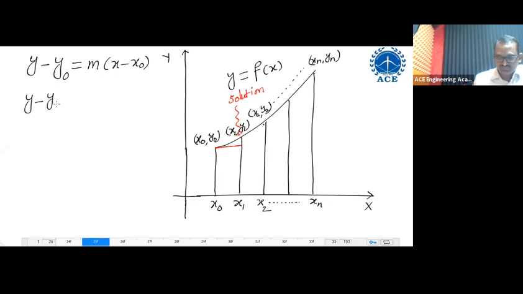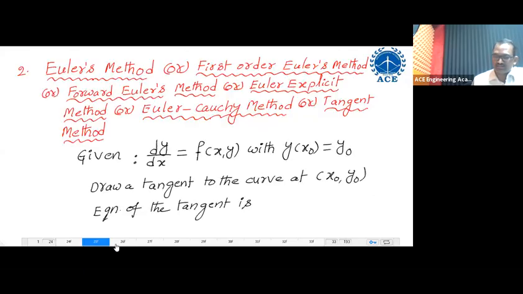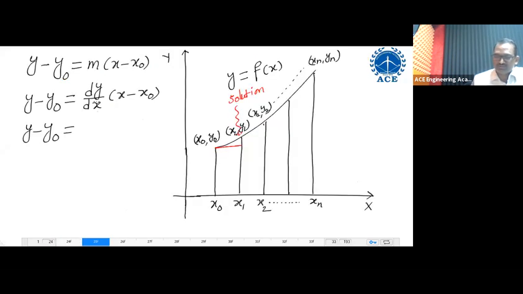So y minus y naught is equal to m into x minus x naught. M means slope, also denoted by dy by dx. So y is equal to f of x, and dy by dx is equal to f of x, y.